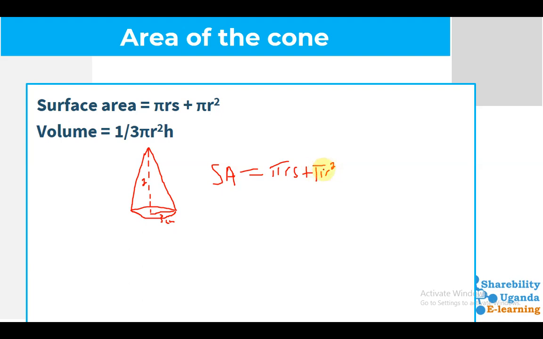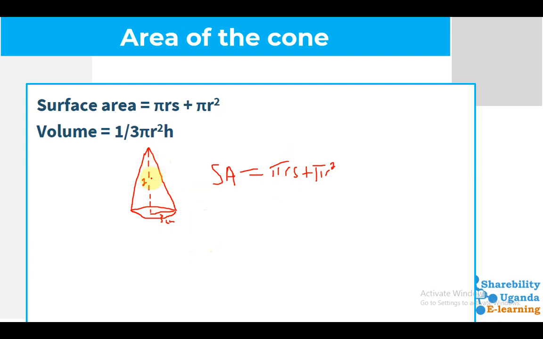Okay, this is our formula. But in this formula we have the slant, and here they have not given us the slant. This means we need to look for a way to get the slant for us to fit in our formula. Let's solve this problem and see how it comes about.